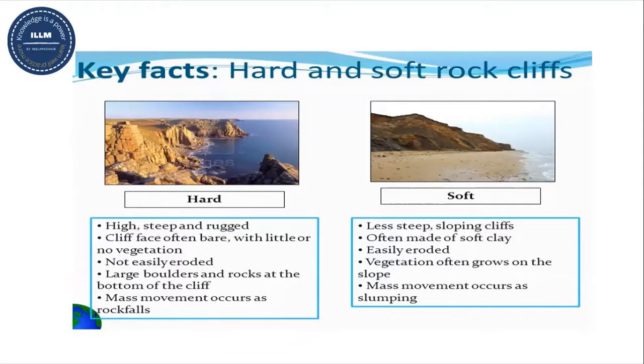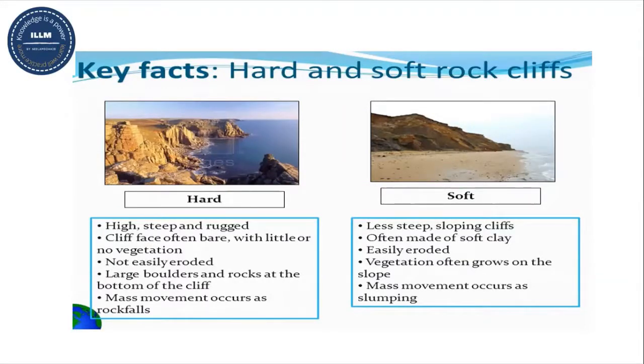Now we will discuss the differences between hard and soft rock cliffs. Hard rock cliffs are high, steep, and rugged. Such cliff faces are often bare with little or no vegetation. They cannot easily erode. They have large boulders and rocks at the bottom of the cliff. The mass movement occurs as rock fall.